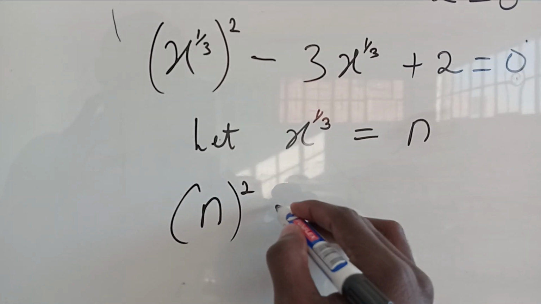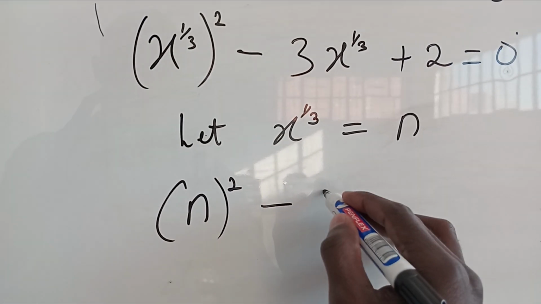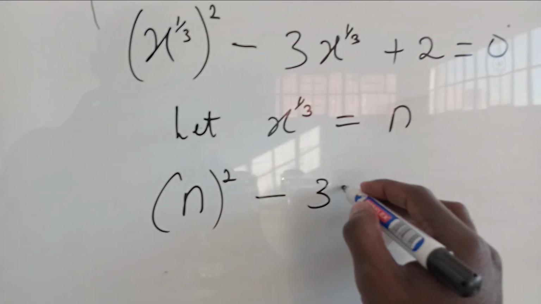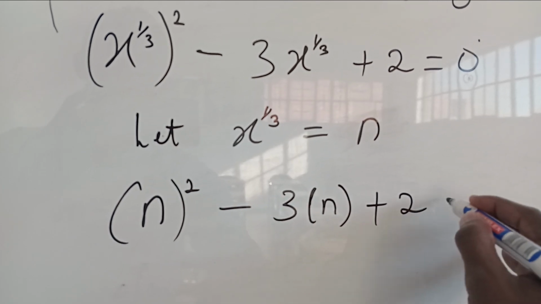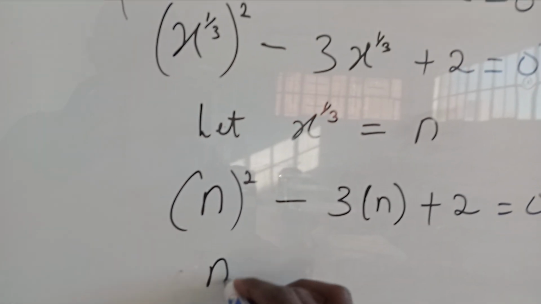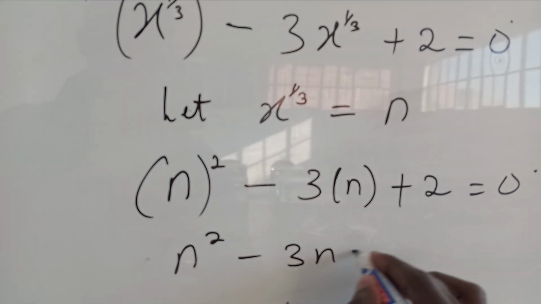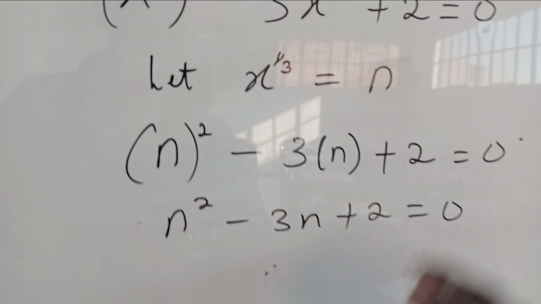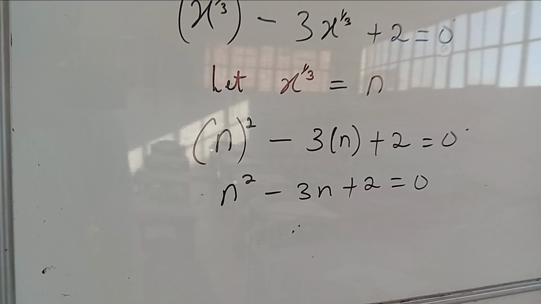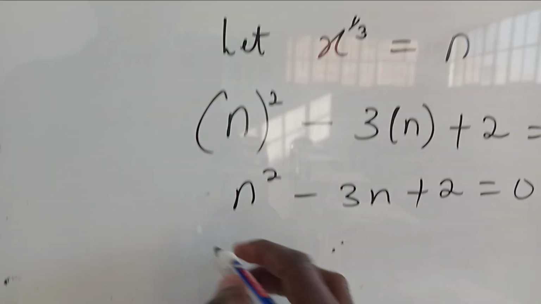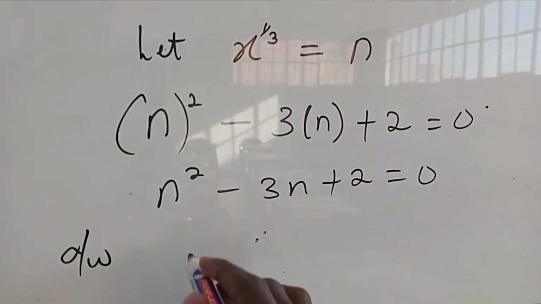So therefore, I can say that my n to the power of 2 minus 3n plus 2 equals 0. So I have n squared minus 3n plus 2 equals 0. Now, this looks like a quadratic expression.